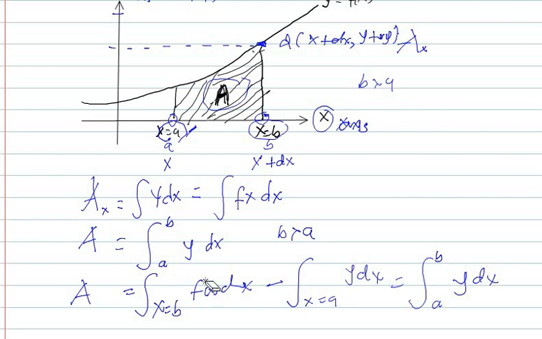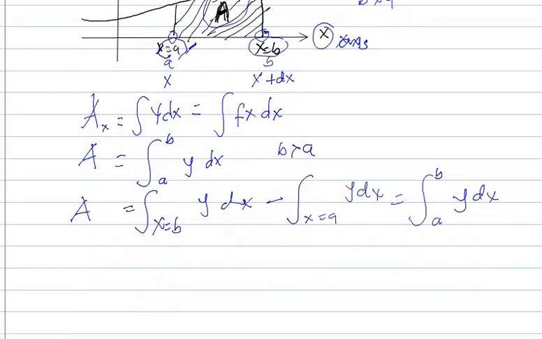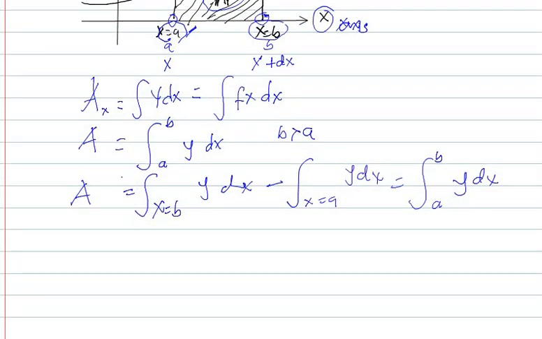Finally the total area is just the integral from a to b of the function y dx. Let's call this equation 2. This is the formula for calculating the total area under the curve.